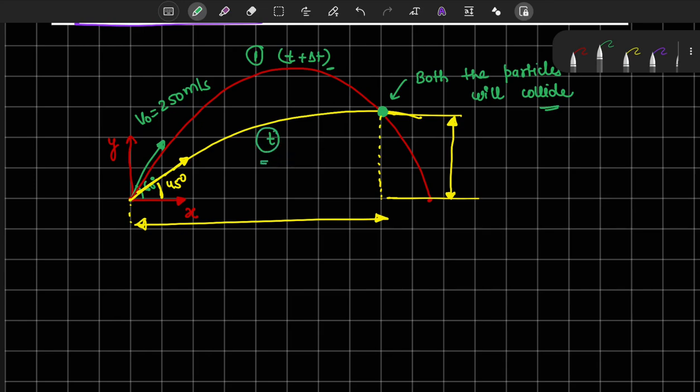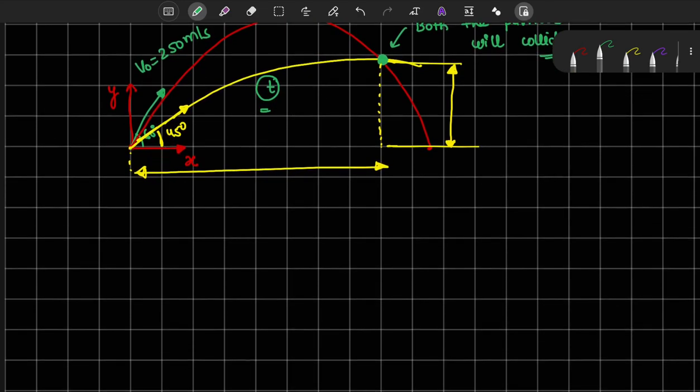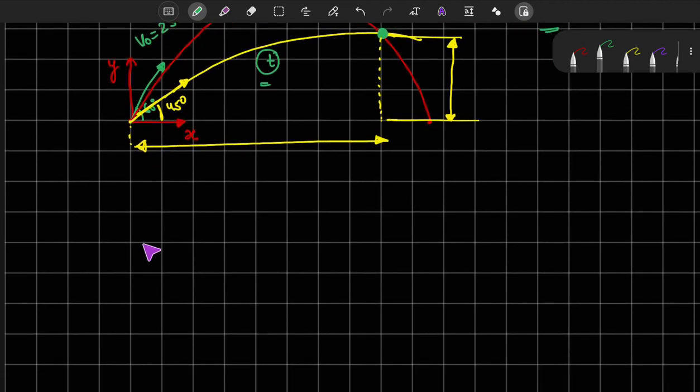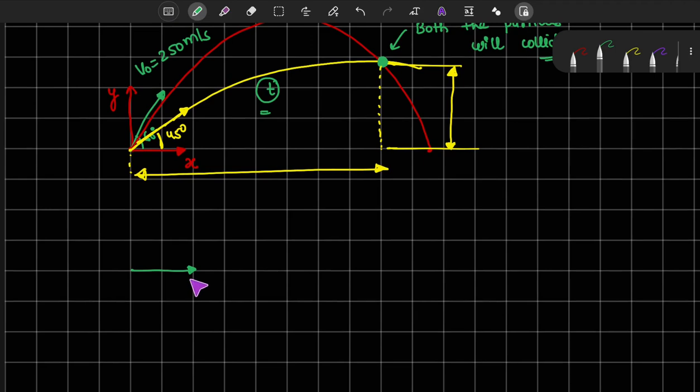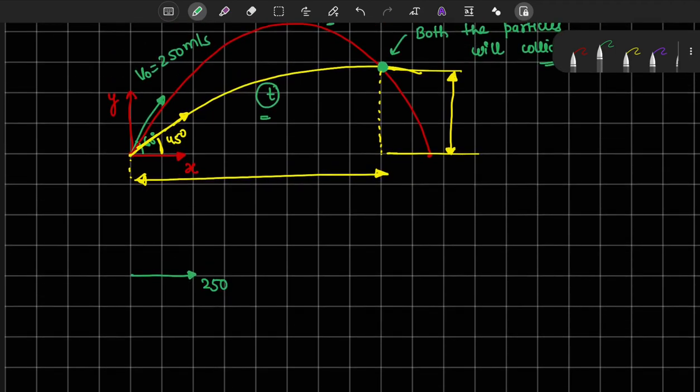And let us say particle 2 is taking time of t. Let us first write the initial velocity in the horizontal direction. For particle 1 it will be 250 into cos of 60 degree, and the vertical component will be 250 sin 60 degree.